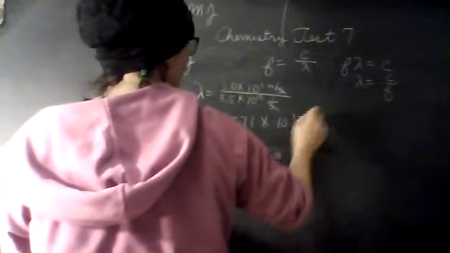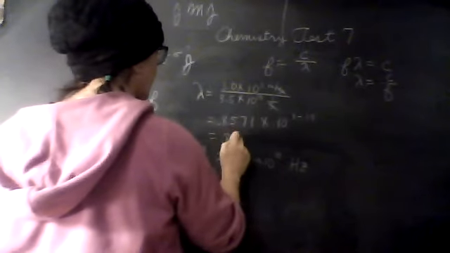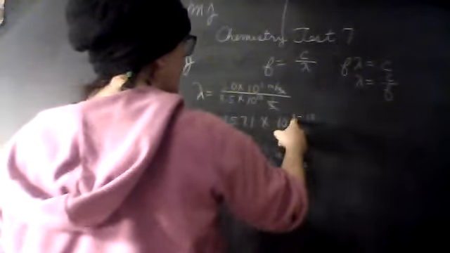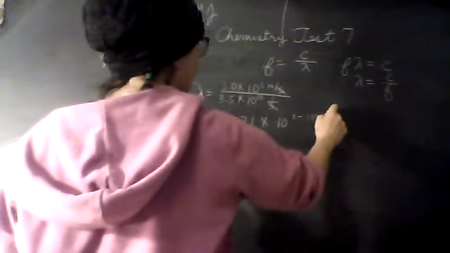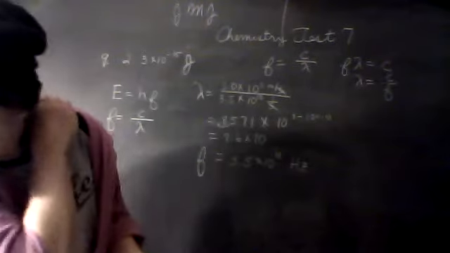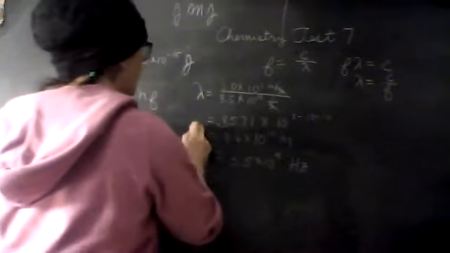Okay, so that'll give me, I want to use two significant digits, so I'm going to say 8.6. So 8 minus 18 equals negative 10. Move that over, times 10 to the negative 11, meters.